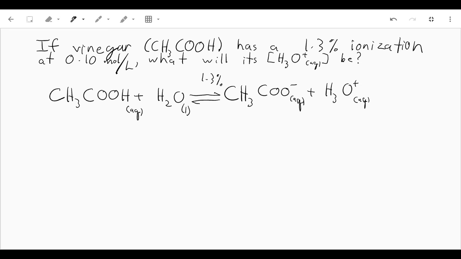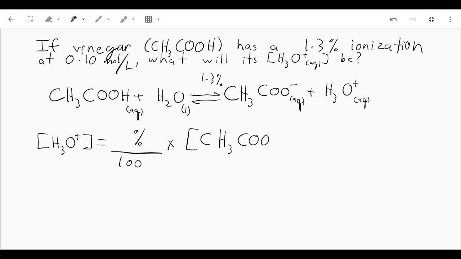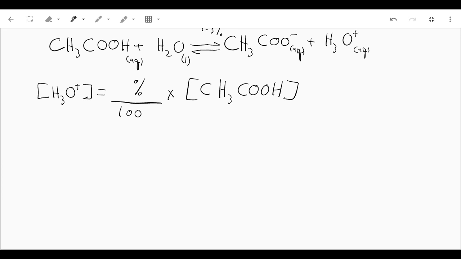Now we can actually calculate this fairly easily. Hydronium ion concentration will be equal to the percentage over 100 times the initial concentration. We can plug our numbers in there.